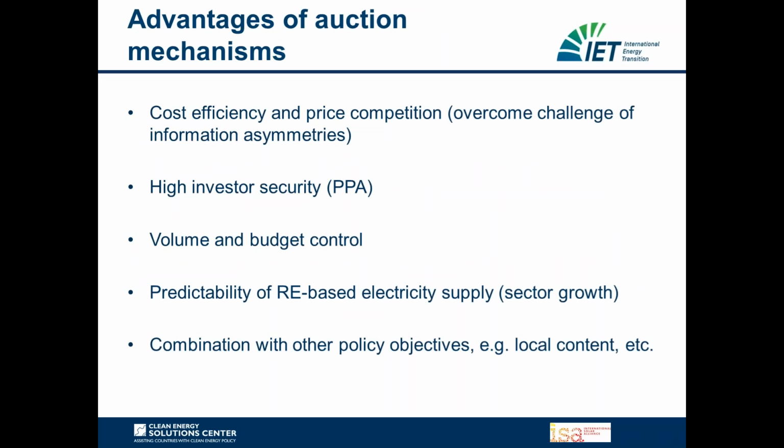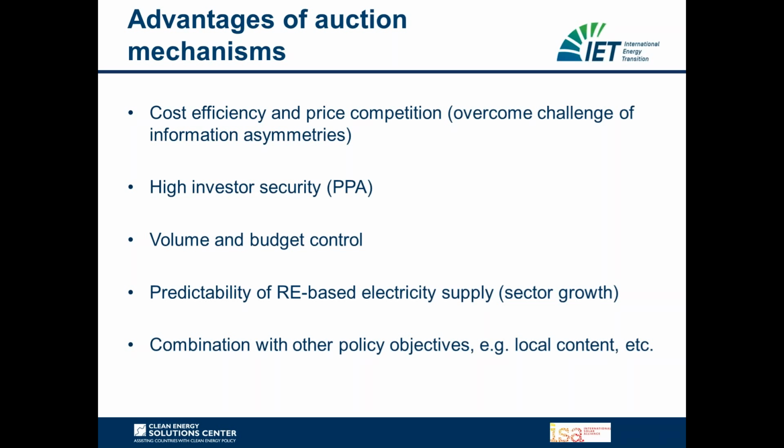Looking at the advantages of auctions, of course, cost efficiency and price competition is a major advantage of auctions, especially when you compare it with feed-in tariffs, because under feed-in tariff we still have the problem of so-called information asymmetries, meaning that the public sector who is building the plant has much more accurate information about the actual cost of the power generation, whereas the regulator, who is then trying to set prices administratively, has to get this information from various sources.